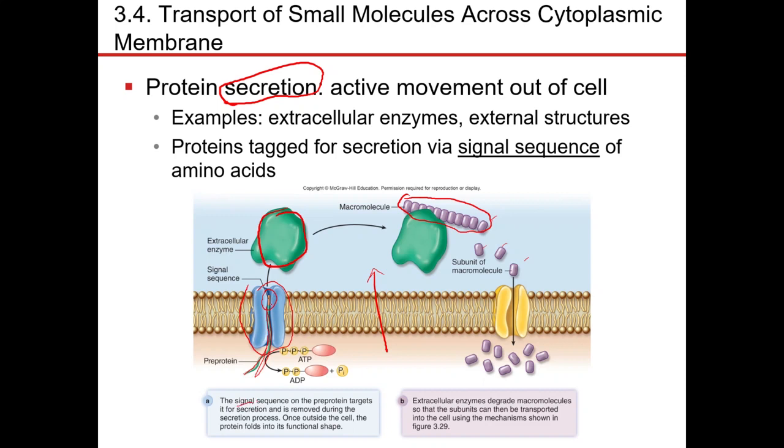This signal sequence, which is that orange bit, is the part that tells the cell or the protein channel that this pre-protein has been made and it is destined to be sent out of the cell. So this protein must not be kept inside the cell. The function of this protein is outside the cell. So please send this protein out of the cell. That is the job of the signal sequence.